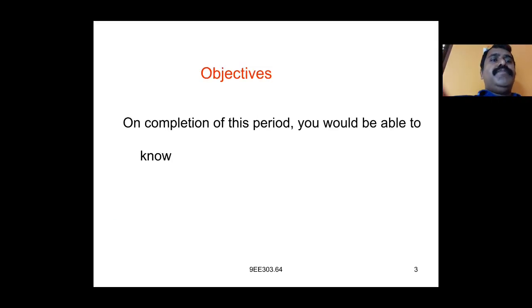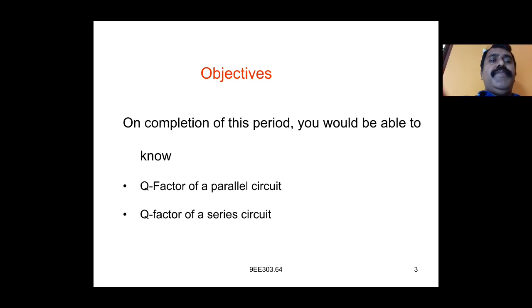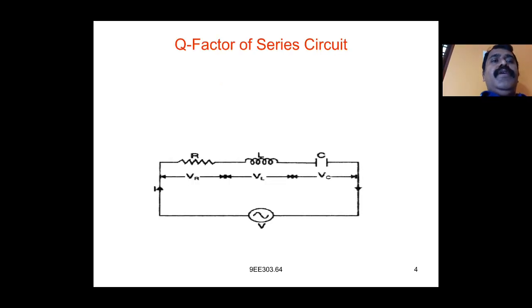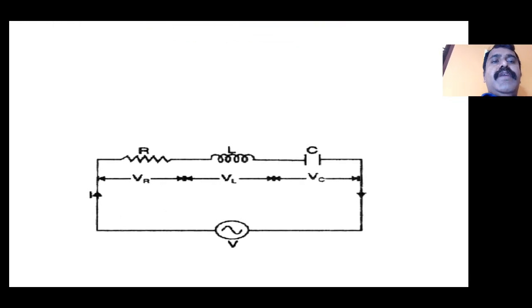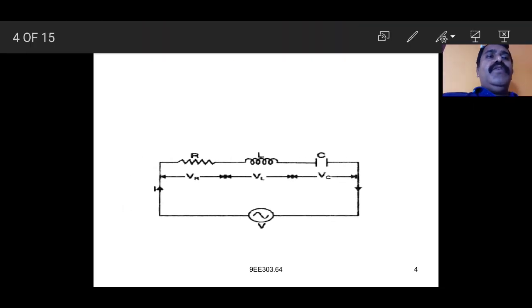On completion of this period you will be able to know the Q factor of the parallel circuit and the Q factor of the series circuit. In the series circuit, resistance, inductance and capacitance are connected.